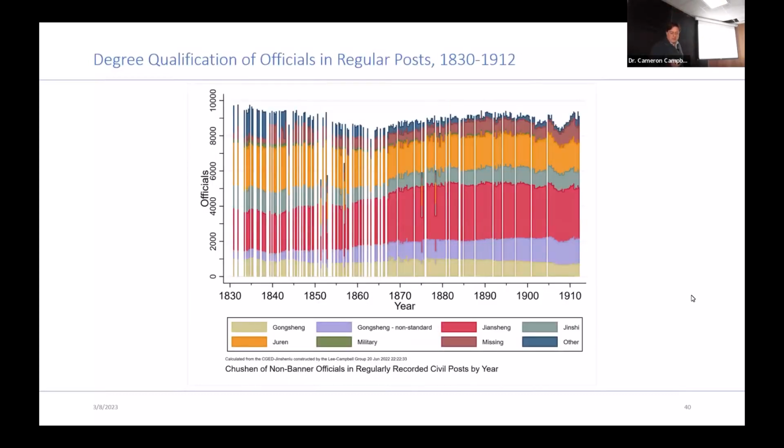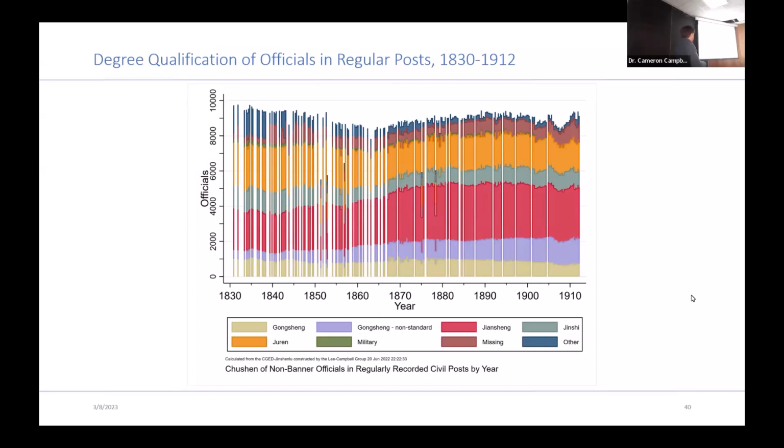So another thing, again a descriptive finding, but I think it showcases some of the unexpected things that come out of analyzing this. If we look at Han Chinese officials and the degrees they held, exam or purchase, that qualified them for appointment, you needed either an exam or a purchase degree to qualify to be appointed.